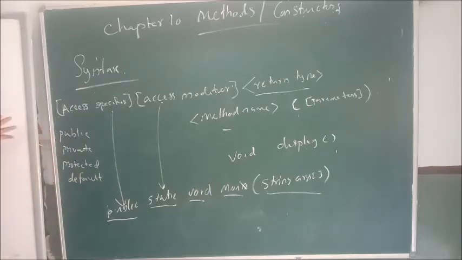What is public? Public means it is accessible to all. So we know a public facility is available to all. In the case of a Java program, if you declare a method as public, it is available everywhere, even outside the package.